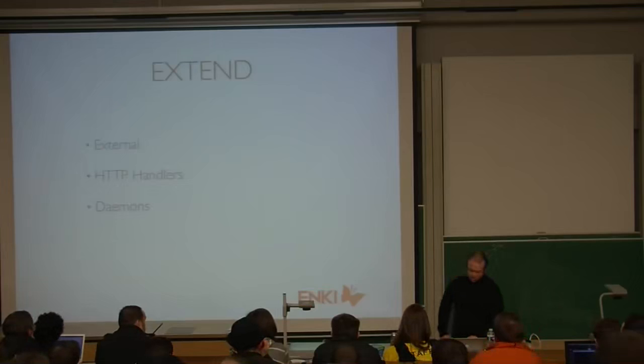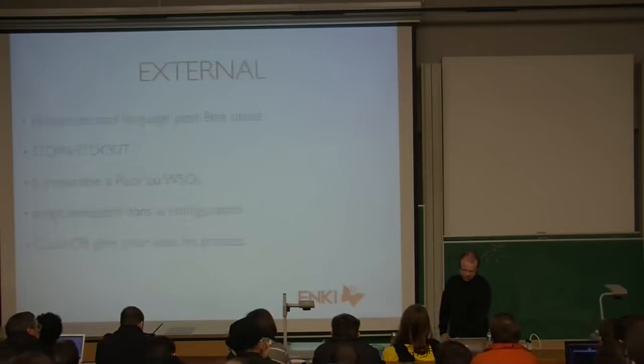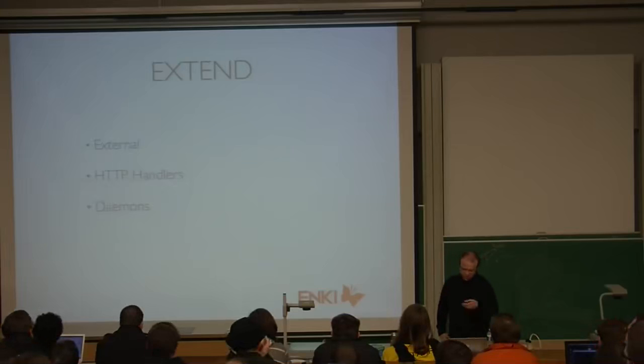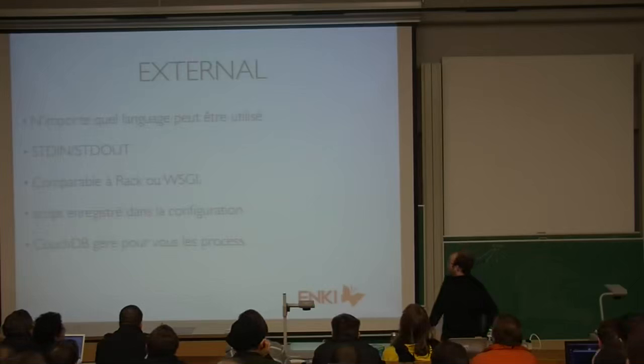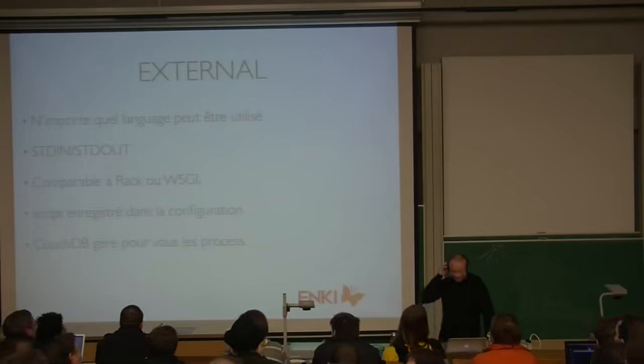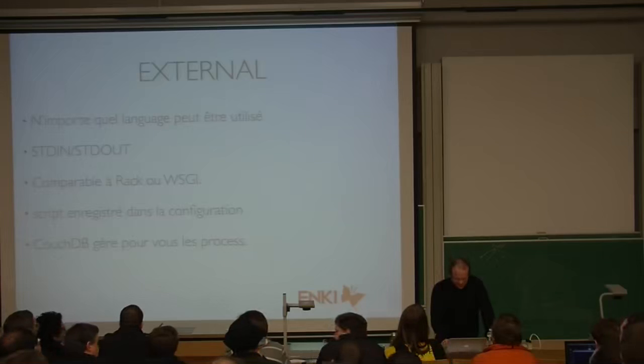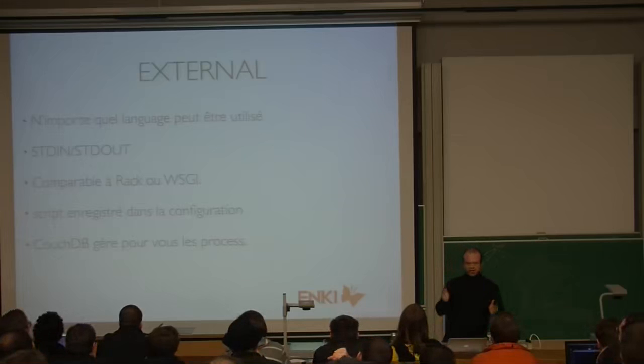But when all these functions are not enough, you can extend CouchDB via the external HTTP handler and daemons. What is an external? Externals are a simple script that you add to your configuration file.